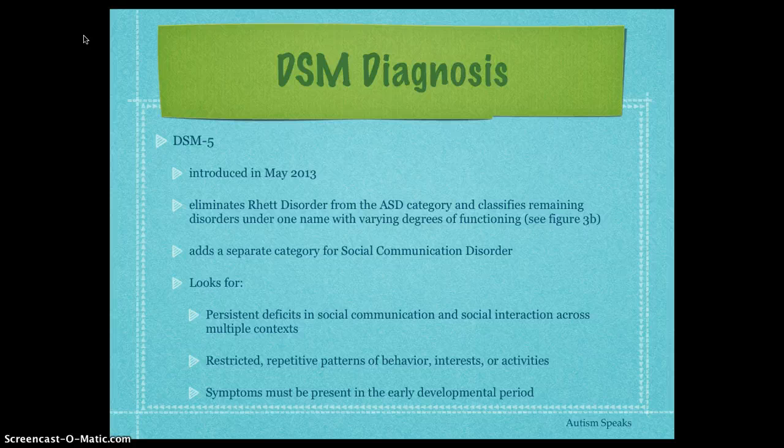It adds a separate category for social communication disorder, and it looks for persistent deficits in social communication and social interaction across multiple contexts. It looks for restrictive, repetitive patterns of behavior, interest, or activities, and the symptoms must be present in early developmental periods of life.